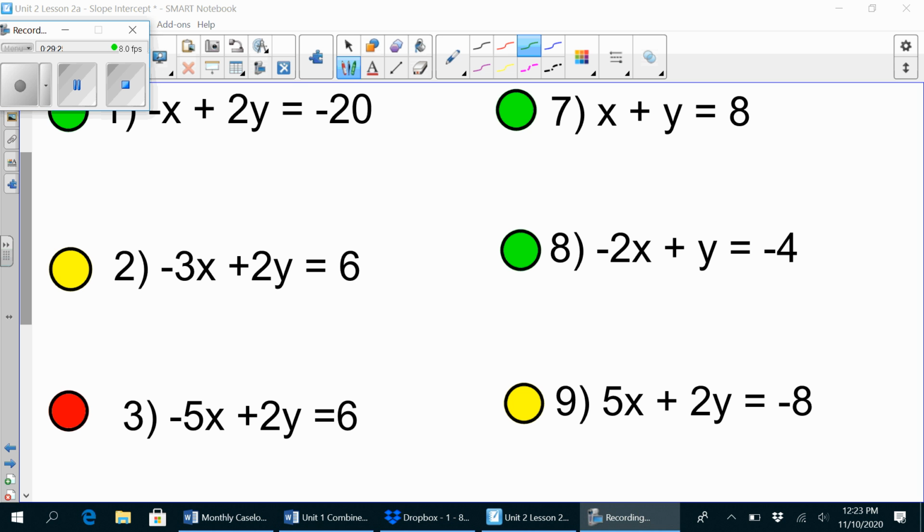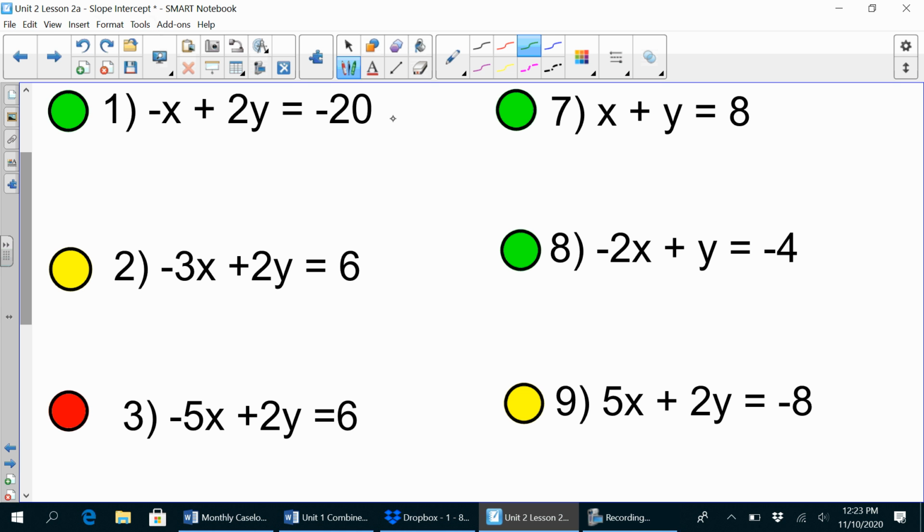Okay? So let's take a look at number 1 together. So before we get started, I'm always going to put this at the top of my page. And I think it would be safe for you to do the same. Okay? So for number 1, we need to get the y by itself. So I'm going to have to move that -x.